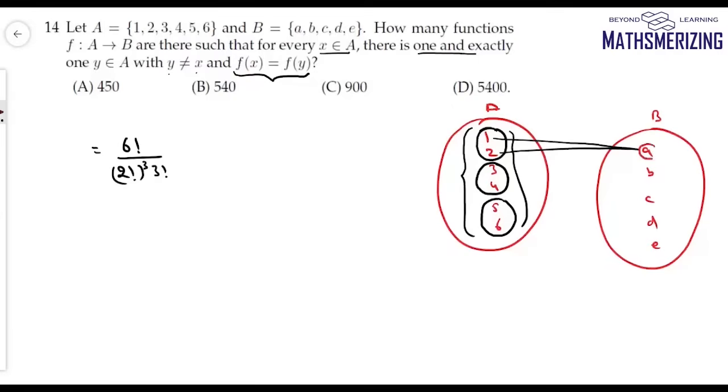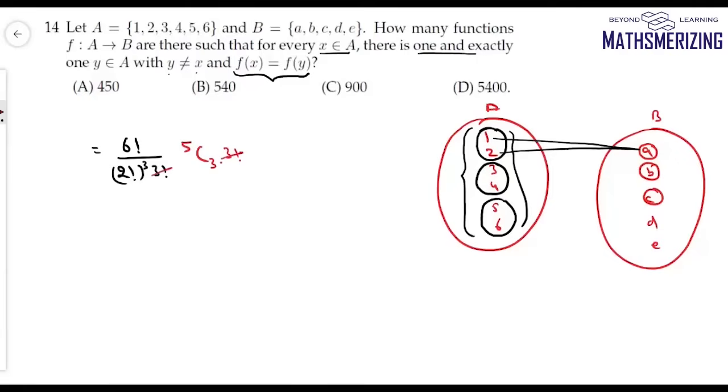For the images, we need to choose 3 elements from the given set B. Out of these 5 elements, we can choose 3 elements in 5C3 ways. Now we have 3 groups and 3 elements, and we need to map these groups to these images. These 3 groups in A can be mapped to these 3 elements in B in factorial 3 ways. So the total number of such functions will be factorial 6 upon factorial 2 cube, factorial 3, times 5C3 times factorial 3.